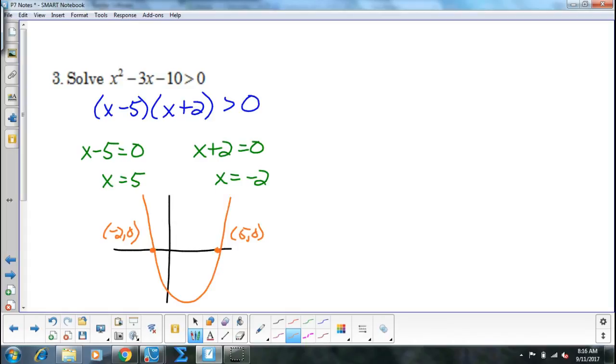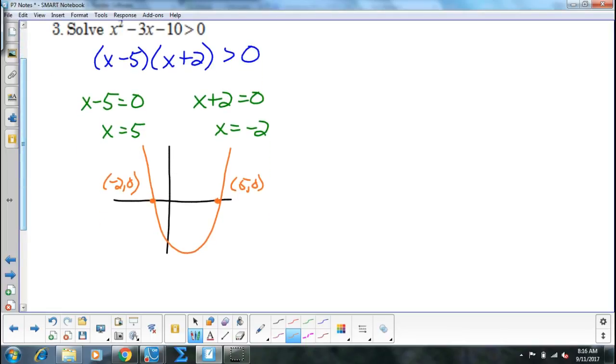So I want to know when it's greater than 0, so that's going to be from negative infinity up until negative 2, and then it goes negative until 5, and then it stays positive forever.